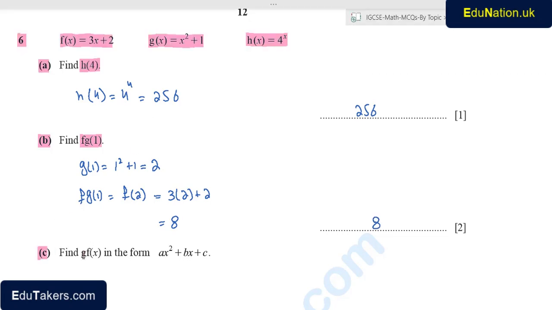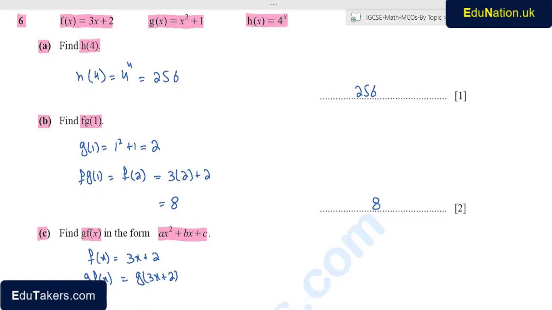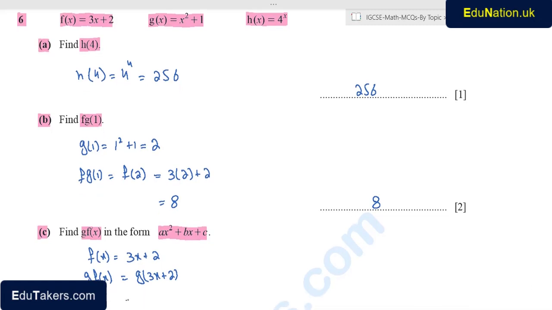Part C, find g of f of x in the form ax square plus bx plus c. f of x is 3x plus 2, and g of f of x equals g of 3x plus 2, and g of x is x square plus 1.